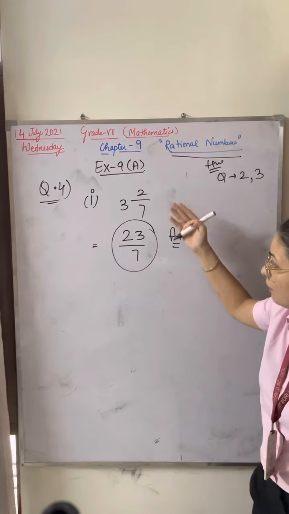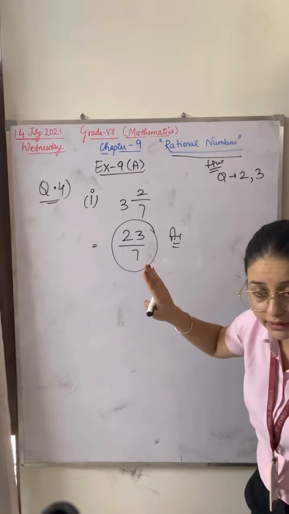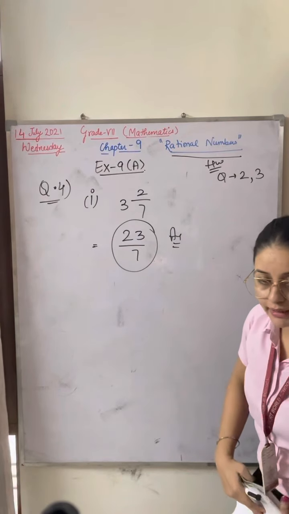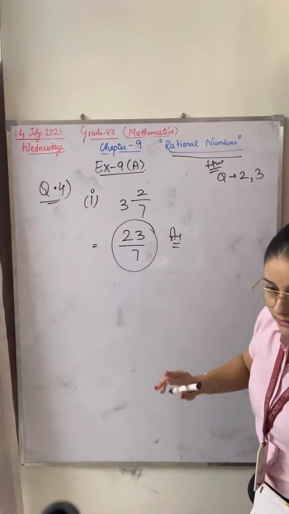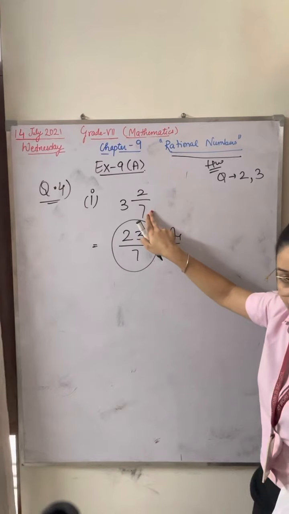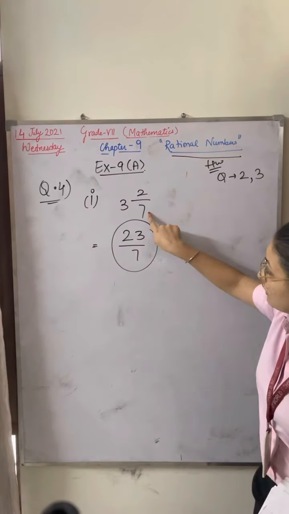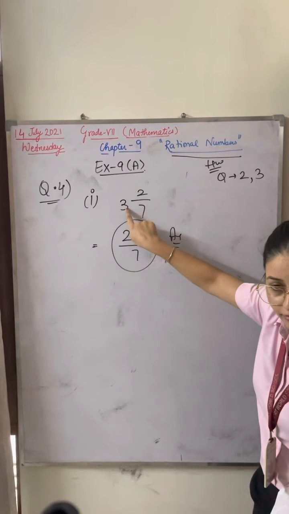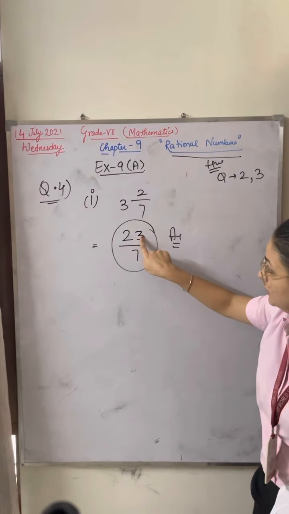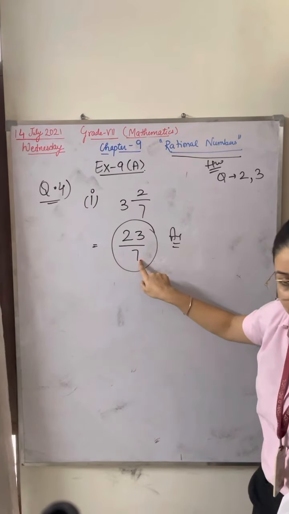You just have to open the mixed fraction. How can we open it? Shraddha, listen, it is very, very important. 7 3s are 21, 21 plus 2 is 23, divided by 7 as it is. That is your answer.